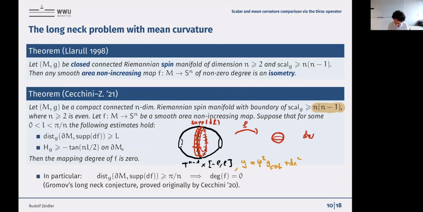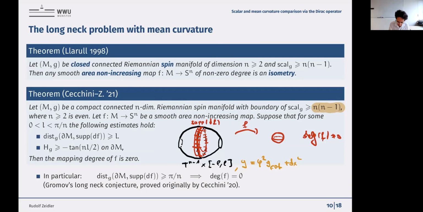And the only issue that might now arise is that it's not so clear how to arrange the area non-increasing part, because you have just chosen a map, and defined it on a very small part. So you imagine that if you map that to the standard sphere, you need to increase some direction, and then you might decrease. You might also increase areas this way.